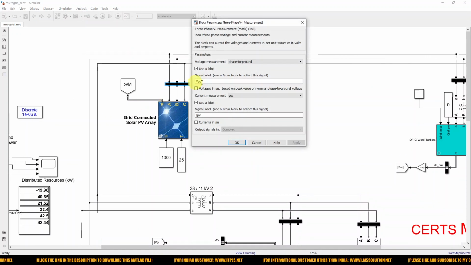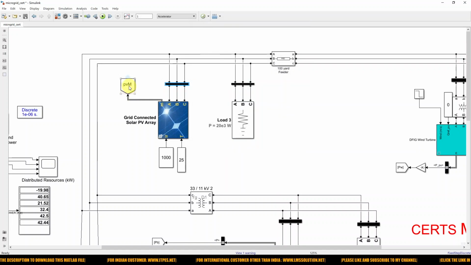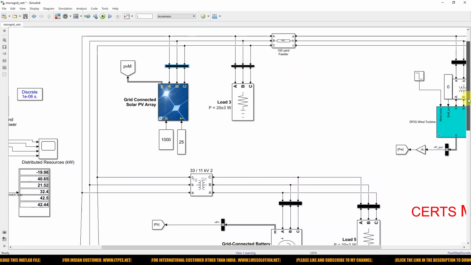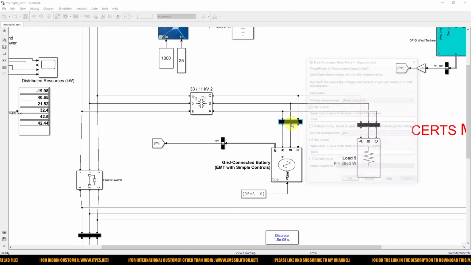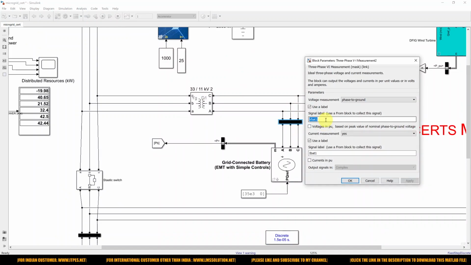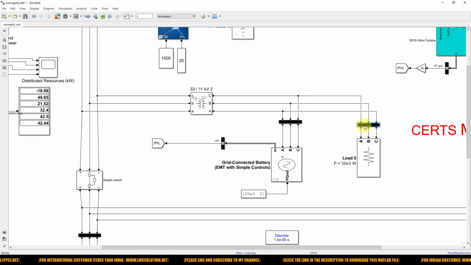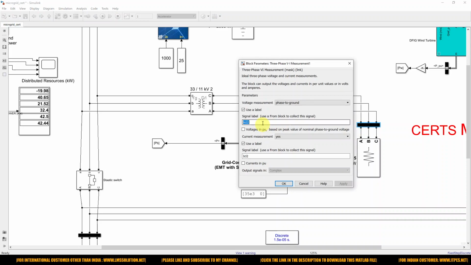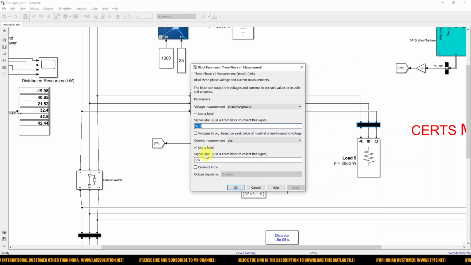Here we are measuring the grid connected solar PV system voltage and current, and also the PV panel power. Here we are measuring the voltage and current of the grid connected battery system, and here we are measuring the corresponding load voltage and current.